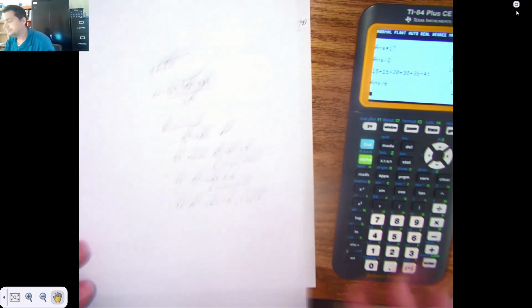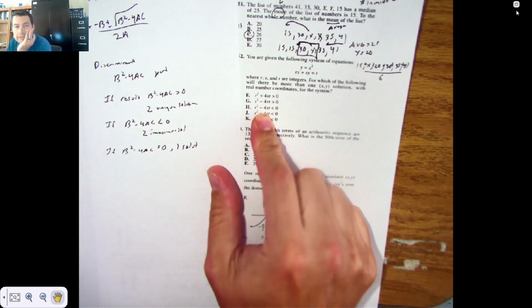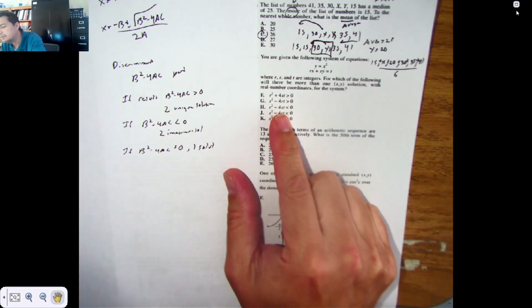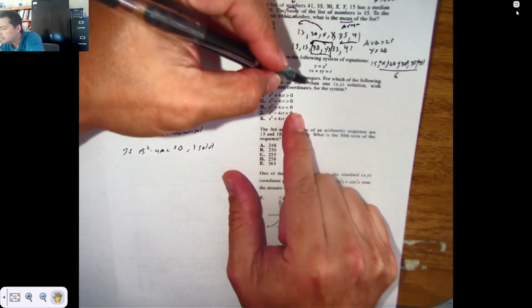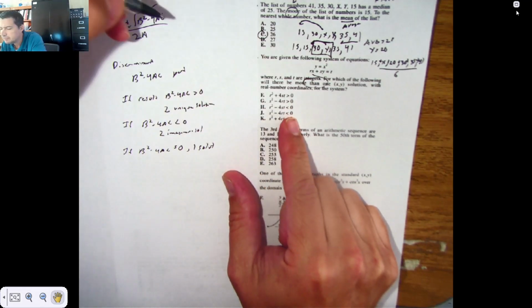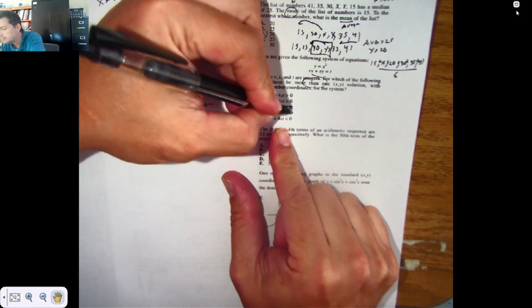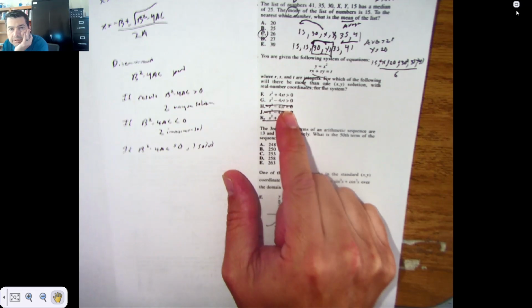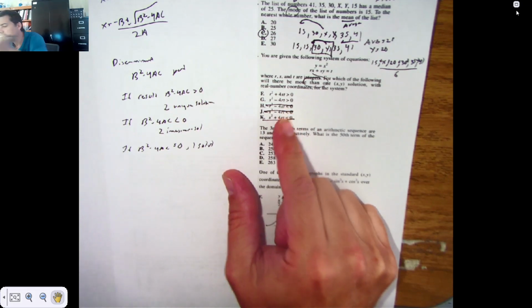That's what we learn. And you may not realize it, but these kind of things are actually in this form. Now, they're hoping you pick G, but I want more than one solution. So I can't be these, because those are imaginary concepts, being less than 0. It's really between E and G.